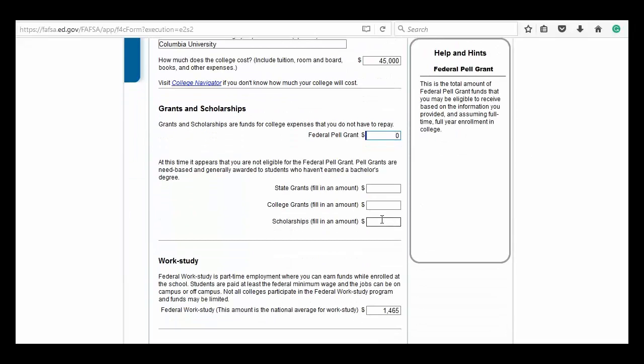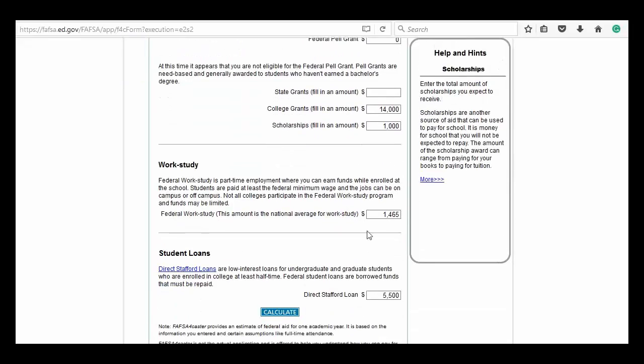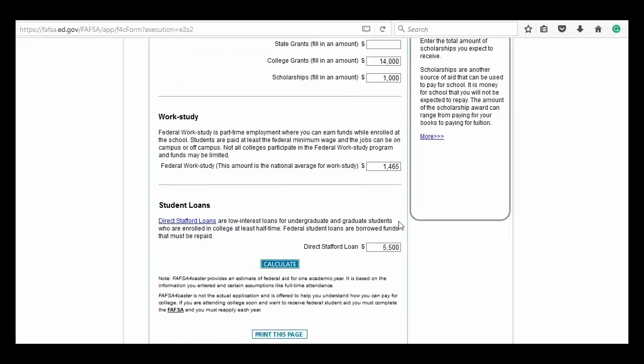And Columbia has a pretty good program in terms of grants, so I'm going to assume the student may get $14,000 in college grants. Haven't received any responses from scholarships, so maybe there might be some local ones where you get at least $1,000, and the average federal work study is $1,465.